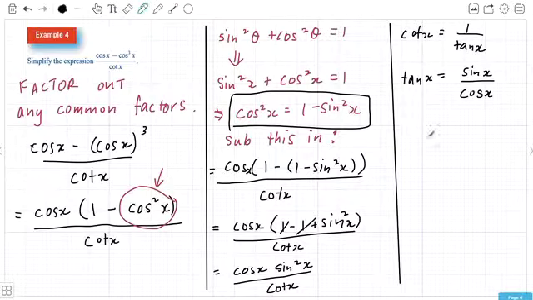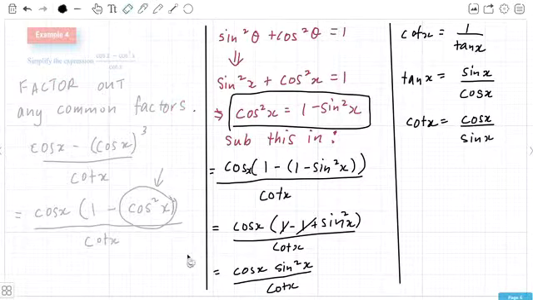So if we think about it, cot is the reciprocal of tan, so it's upside down, like that. That's cot x. So this is actually going to help us with some cancellation to get rid of some of the trig in this question.